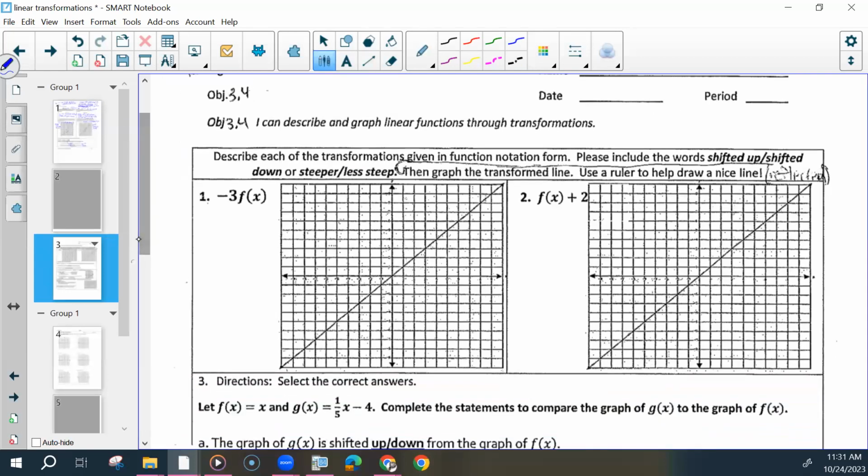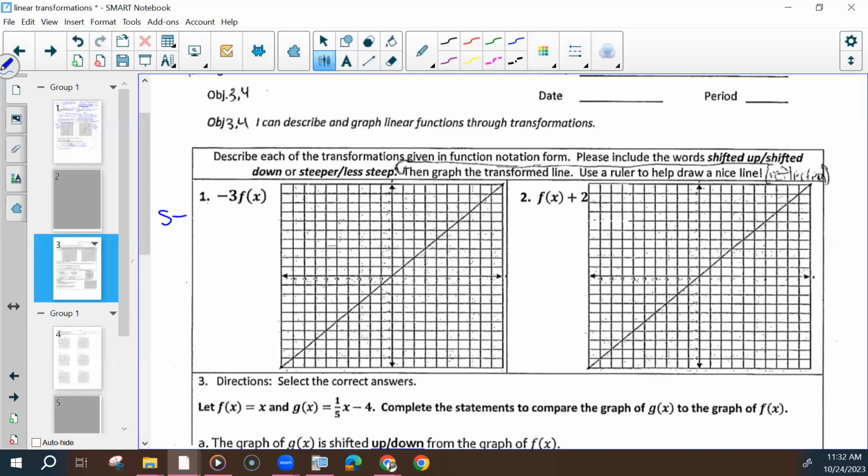Now in these, we're doing the same thing, we're describing, but now we are also graphing. We have to graph it all the way through, not just a couple of points. So what happened in number 1? The negative and the 3 are two separate things. So I got steeper by 3.